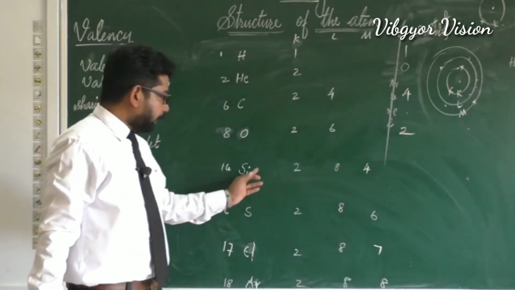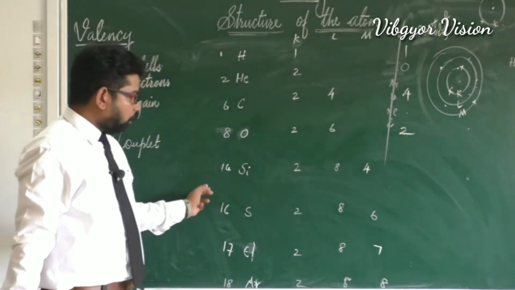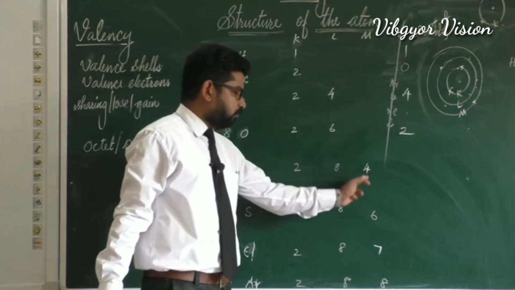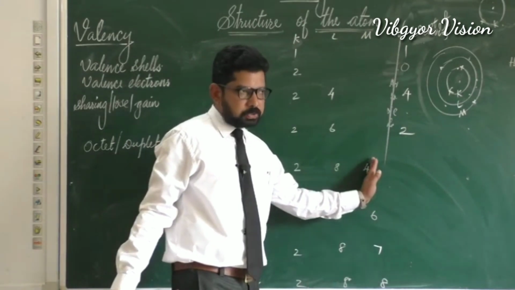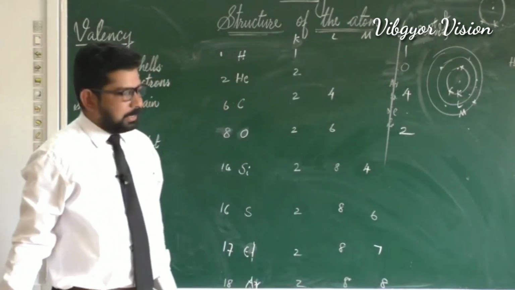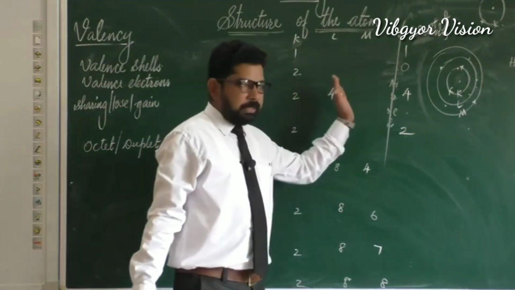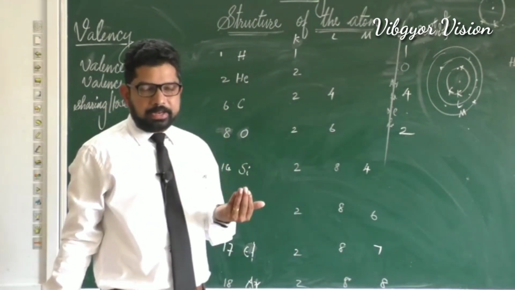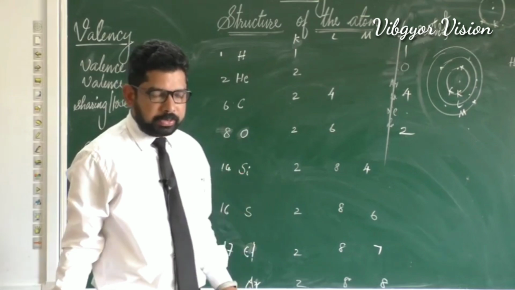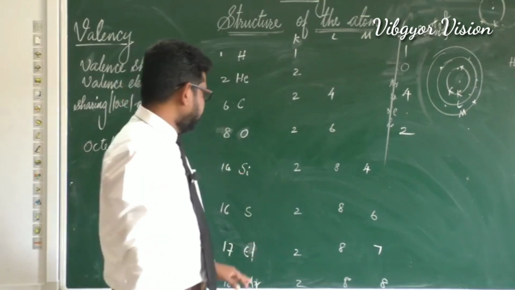And in the case of silicon, its atomic number is 14 and configuration is 2, 8, 4. If there are 4 electrons in the outermost shell, they have to share those electrons, that means 4 electrons, to get the octet configuration.